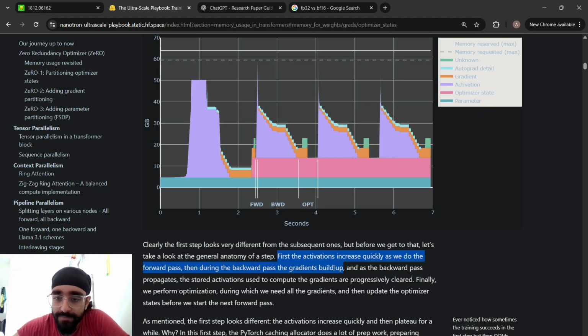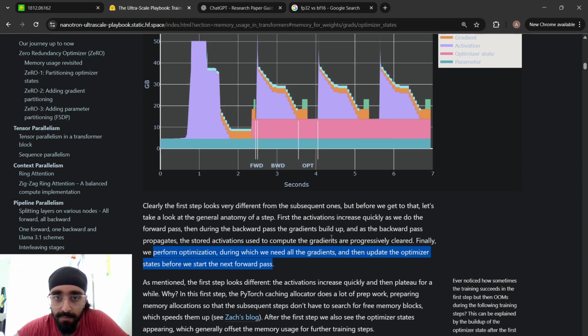Finally, we perform optimization, during which we need all the gradients. So the gradients keep building up until we have done the whole backward pass, and then we do the optimizer update.